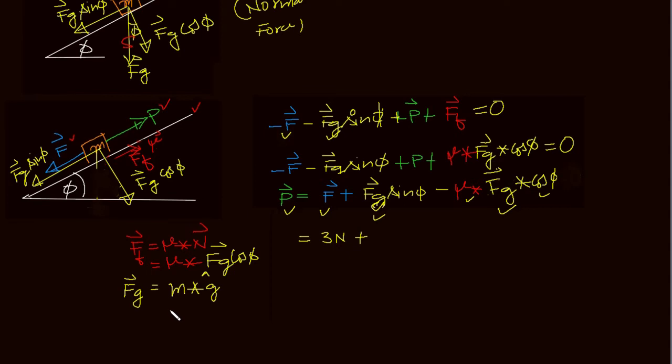So this leads to 10 kgs mass, 10 meters per second square, and this gives me 100 Newton. So this is 100 multiplied with sine phi, and phi is 45 degree. So sine 45 degrees minus mu is 0.6, force of gravity is again 100, and cos phi is 45 degrees.